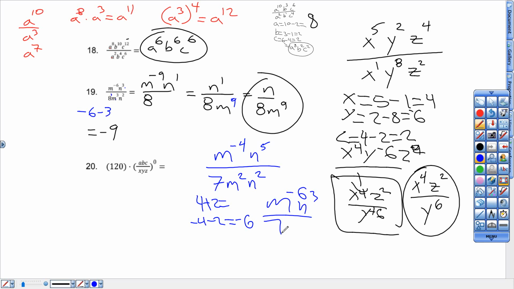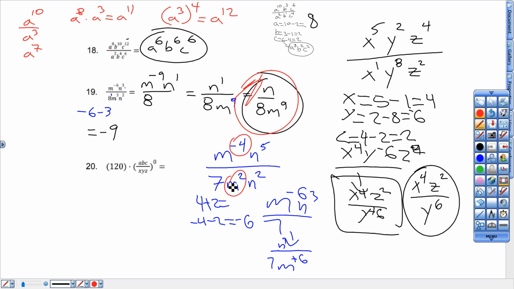Yeah. Yep. So bring that m to the -6 down. Still got that 7 down. Oh yeah, I forgot, sorry. Yep. On the top, you still have n to the 3rd. There you go. Good job, bro. So just like this one, that was a problem. Just like that, you divided -4 minus 2.